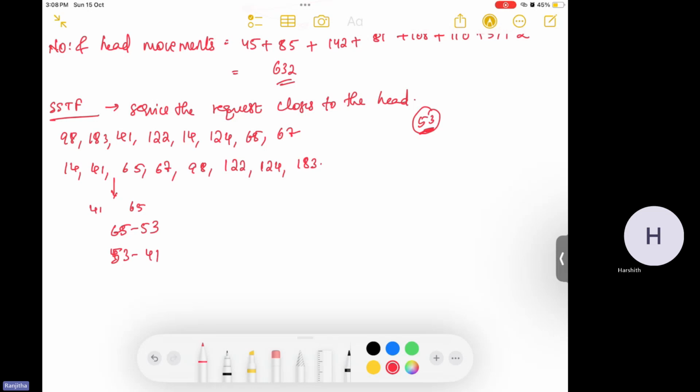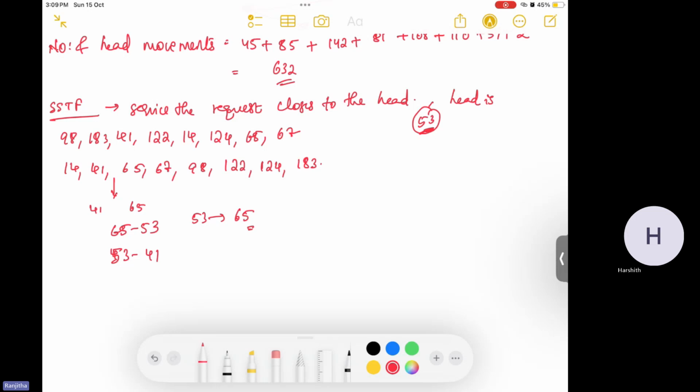Both are the same, and it was also given that the head is moving towards the higher numbered cylinder, in the forward direction. So we will move from 53 to 65 first. 65 is serviced.